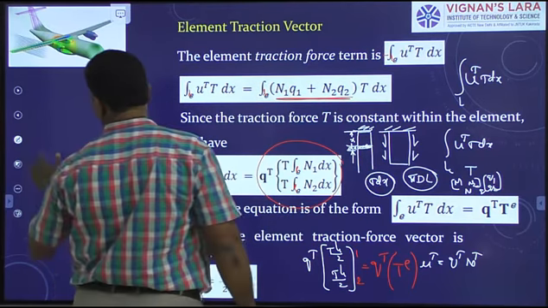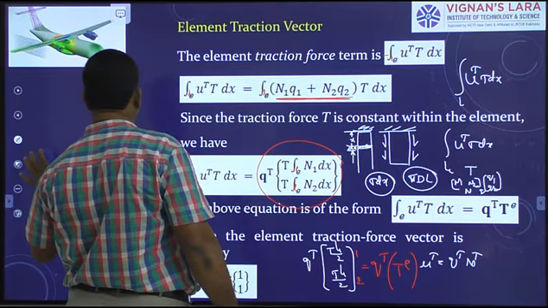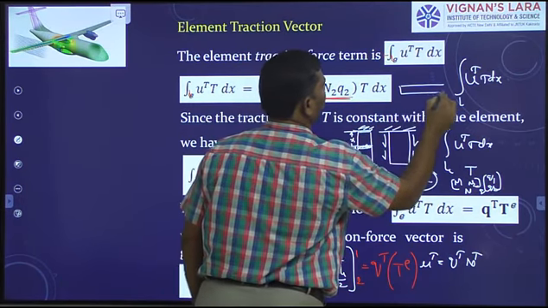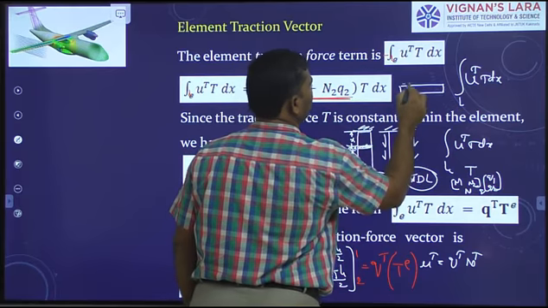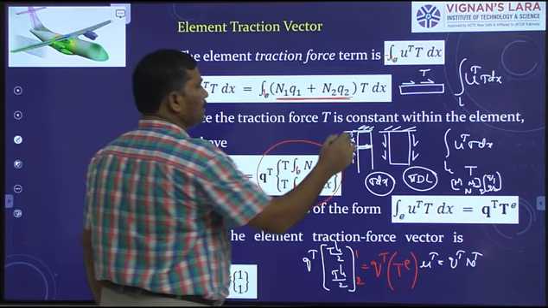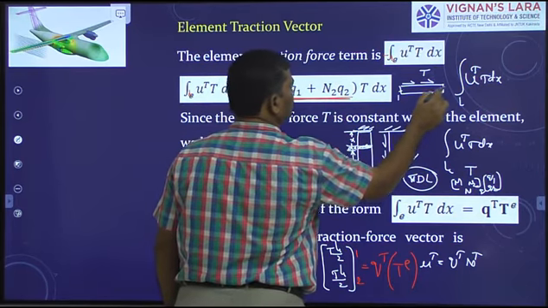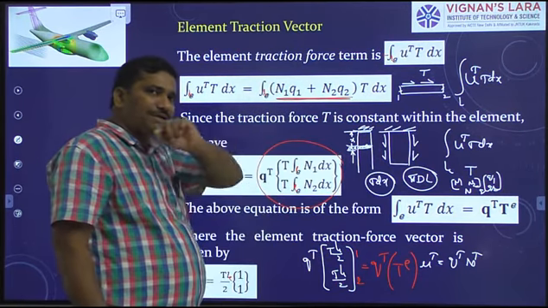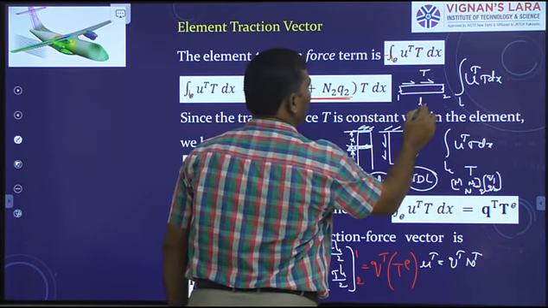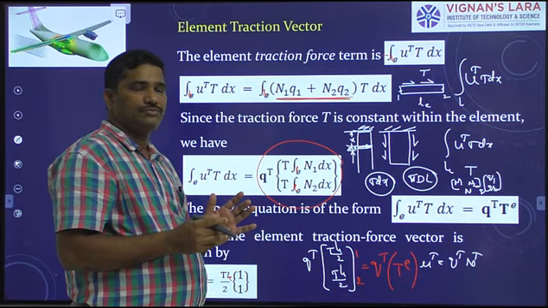If you have a one-dimensional element connecting two nodes like this, and this is the traction T, force per unit length, connecting two nodes, say 1 and 2. What is the traction on the element? Simply T into the length of the element, LE, TLE.